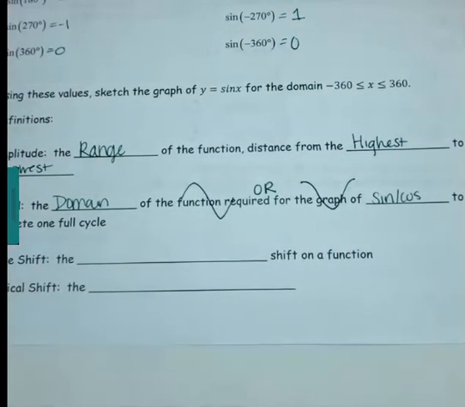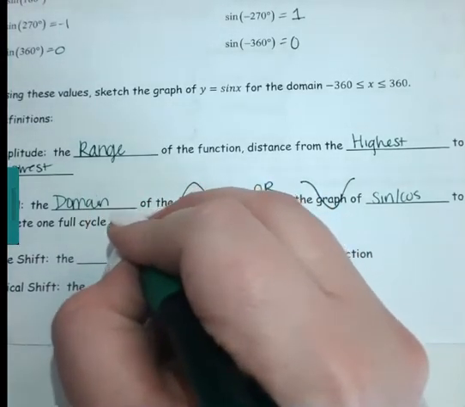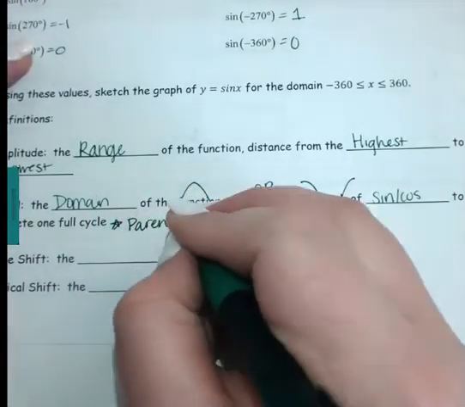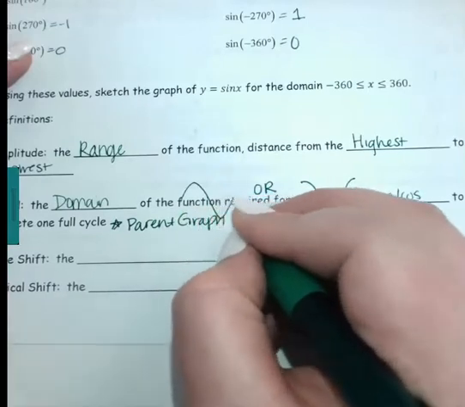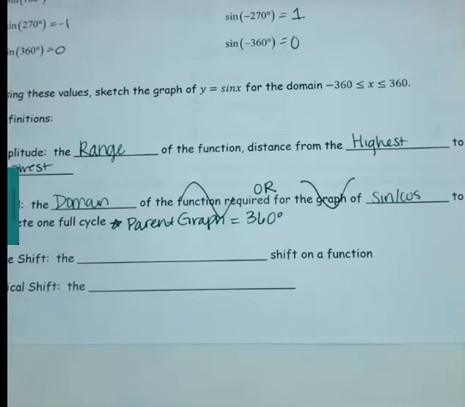Okay, that's a full cycle because it's basically one piece and then it's just repeated over and over again. Now, I want you to put here, for the parent graph, okay, for a regular graph, that's going to be 360 degrees. It's the distance around a circle. So for a regular graph like we did yesterday, it's always 360 degrees.